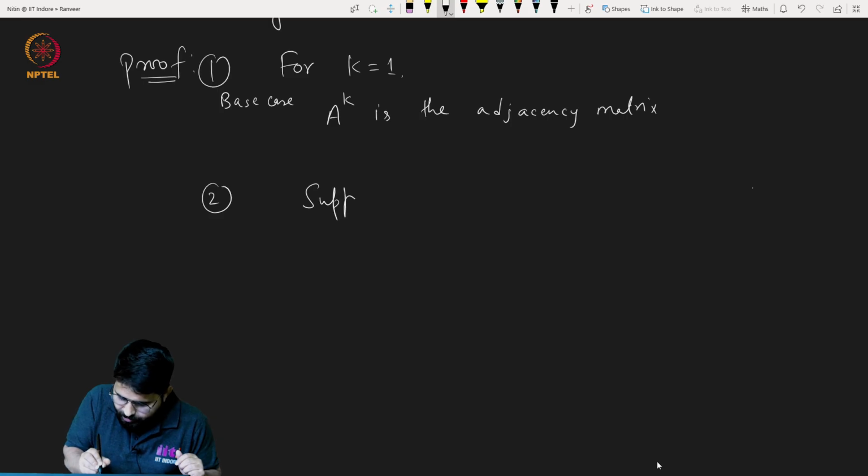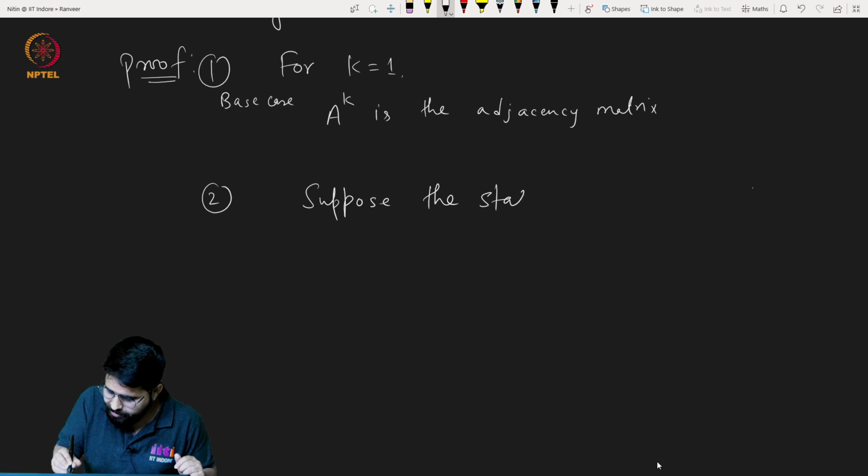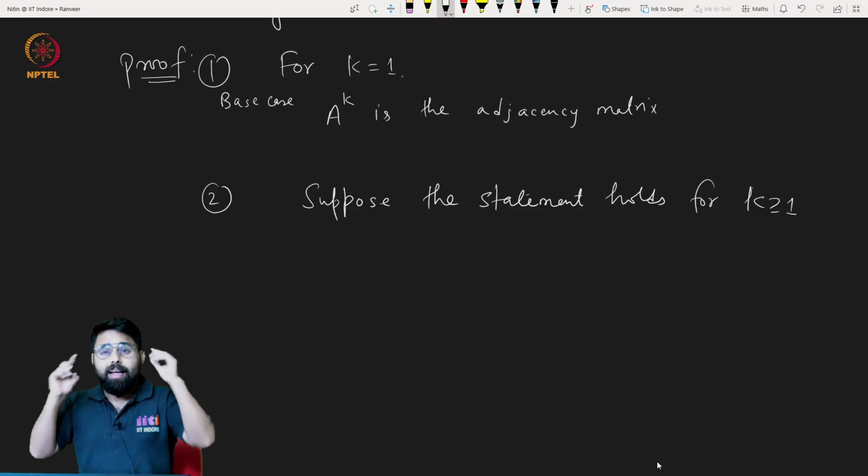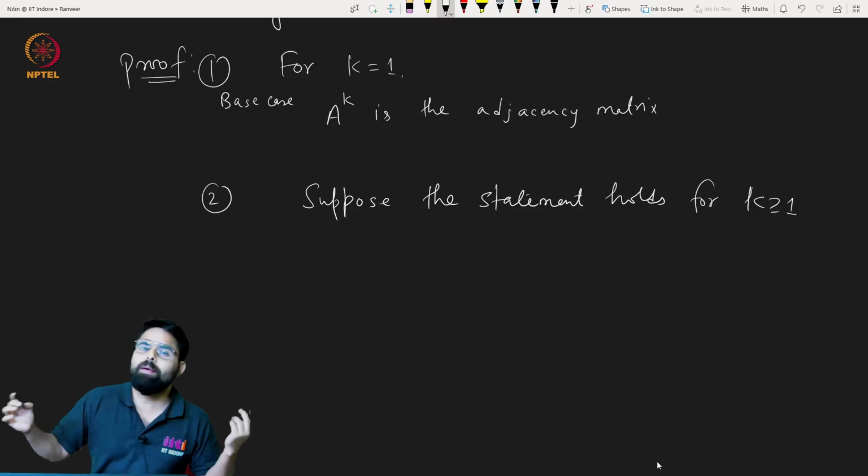Suppose the statement holds for k greater or equal to 1. Then I will prove that this holds for k plus 1.